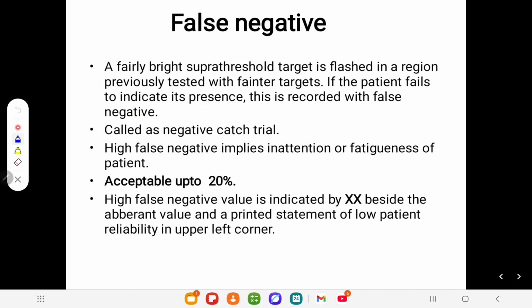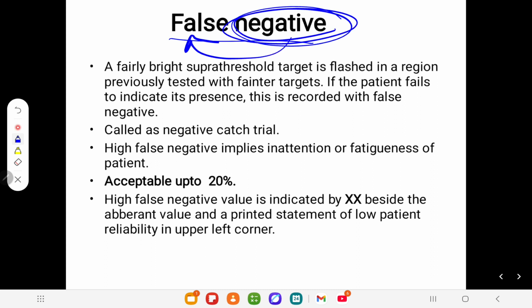Now false negative. With no light, the negative response is correct, but when the patient responds to it that is a false positive. But if there is light and the patient responds negatively, saying he cannot see, that's negative. The patient's response is negative, but at the same time that negative response is false. A fairly bright suprathreshold light target is flashed in the region previously tested with the weaker target.